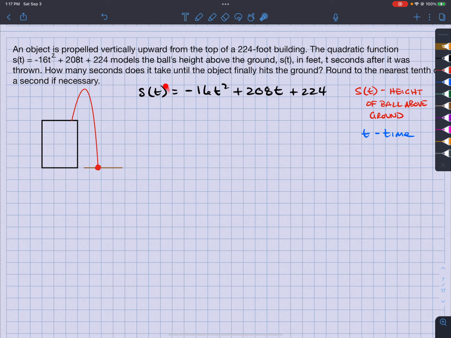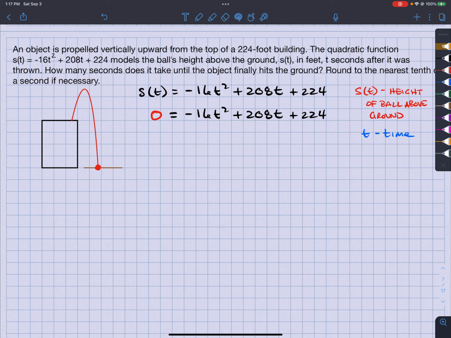So the S of t is 0. So that's what I'm actually looking for. So what I need to do is, it's like saying my y value equal to 0, right? So this is kind of like finding x-intercepts.